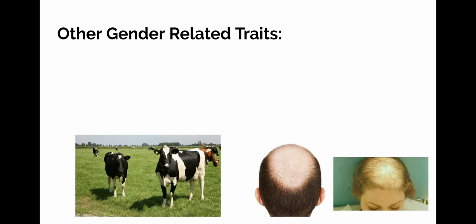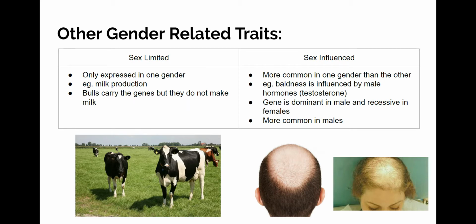I just want to quickly touch on a last few things about gender traits that are outside of what we're learning with sex linkage. Essentially, you have sex-limited and sex-influenced genes, where sex-limited means it's expressed in only one gender, and sex-influenced means it's more common in one gender. So milk production in cows is expressed in female cows.